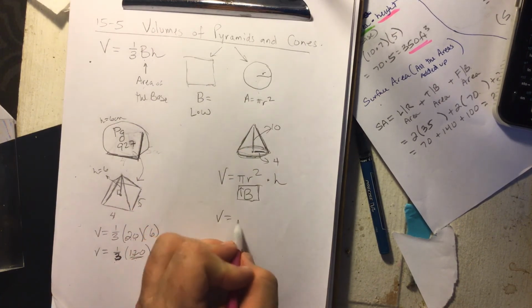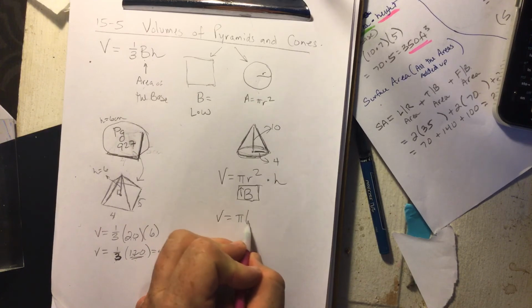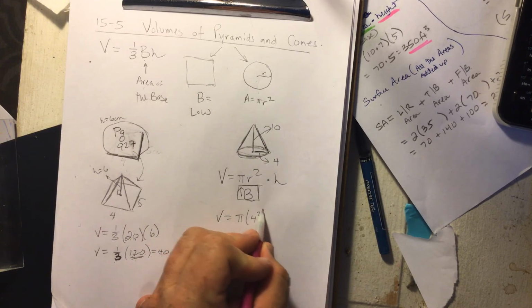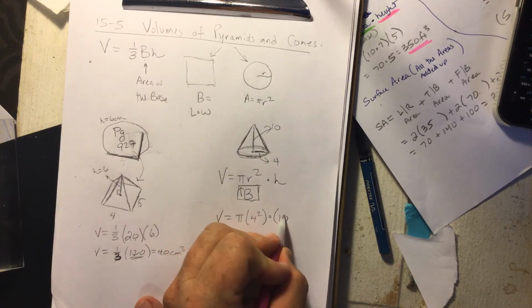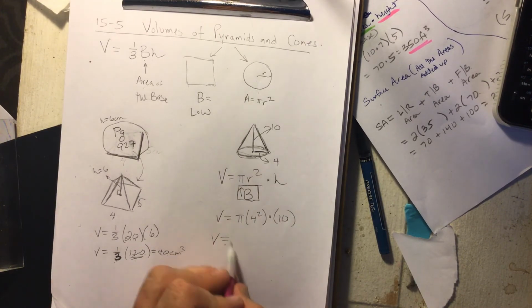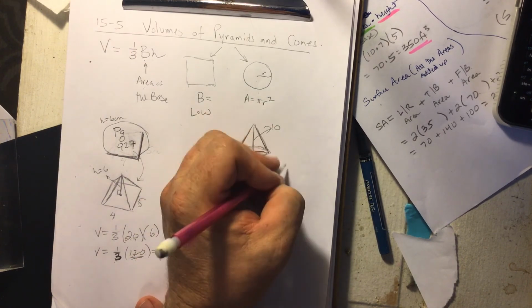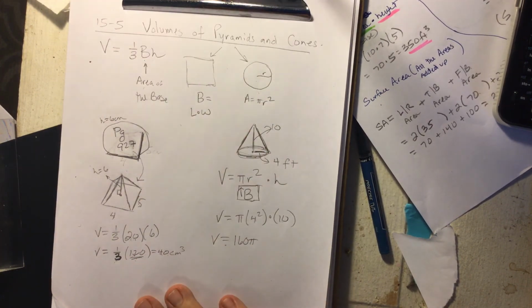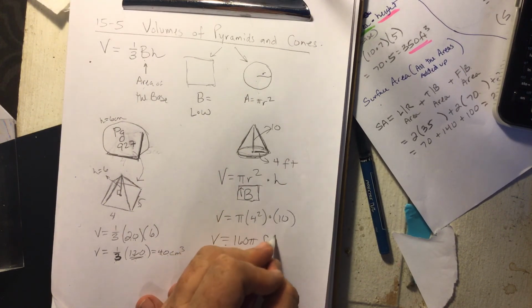Well, we now know that pi times 4 squared times 10. That's 16 times 10 is 160 pi. Whatever, let's say this is feet. It's a big cylindrical cone. So now we've got 160 pi feet cubed.